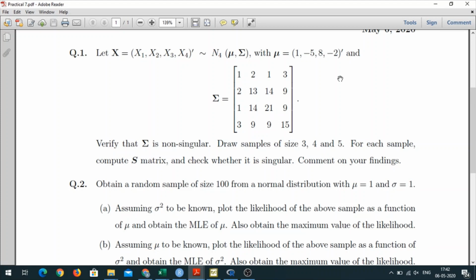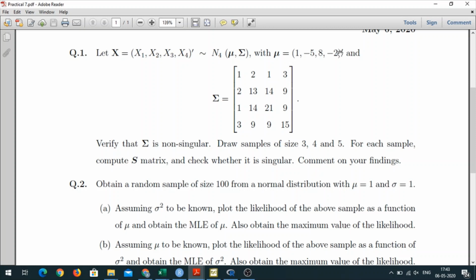Okay, I want all of you to check this for this particular matrix. I know manually it's going to be slightly difficult to compute determinant, but it's not impossible, and I guess you have a lot of time. So do compute this sigma, and you don't have to actually take a sample randomly.